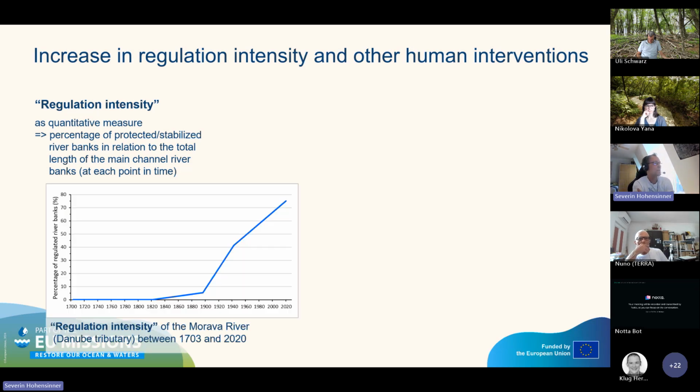Here once more from the Morava River between 1703 and 2020. Of course, until 1820, nothing happened. Then there were local bank protections, and then the start of the systematic river regulation. And today 75% of the river banks are stabilized.